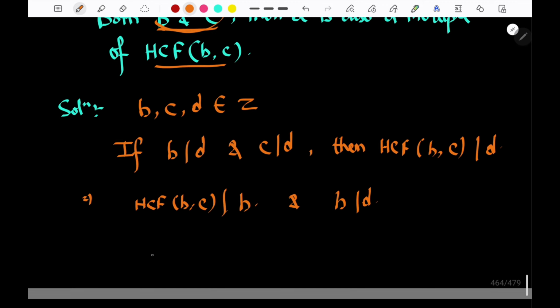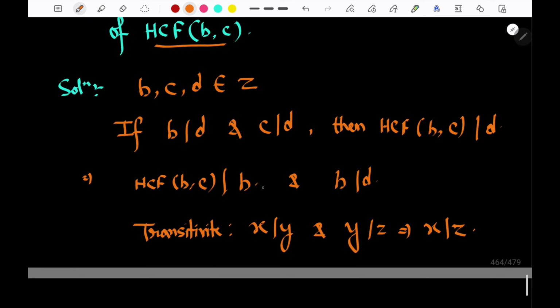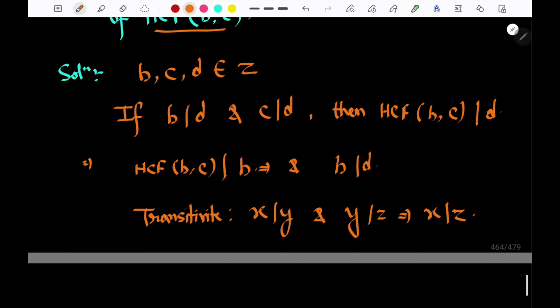So by the transitive property, if you remember, if x divides y and y divides z, then this clearly implies x divides z. So here HCF of b comma c divides b, and b divides d. So basically HCF of b comma c divides d, and the same is true for the second part. Understood?